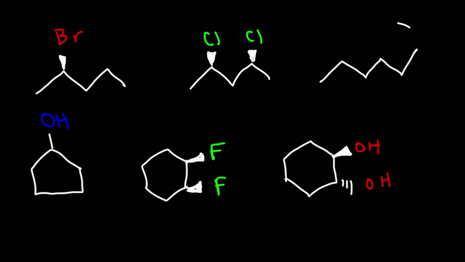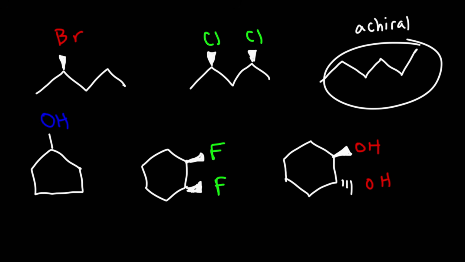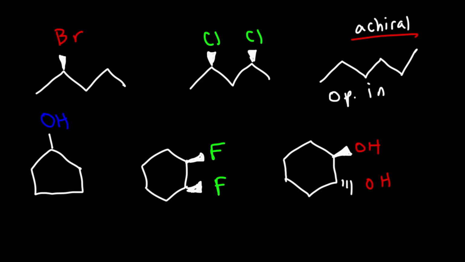Let's start with this one. If you have a molecule with no chiral centers, that is, no carbon atoms with 4 different groups, that molecule is going to be achiral. There's no carbon atom in hexane that has 4 different groups, so there are no chiral centers, which means the entire molecule is achiral. And if the molecule is achiral, then it is said to be optically inactive.